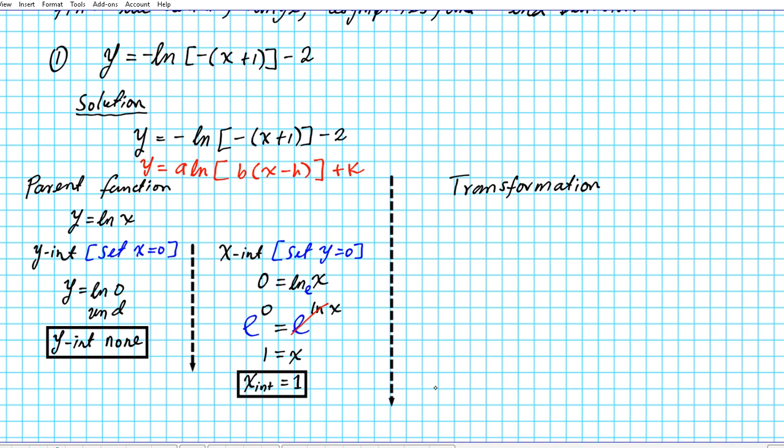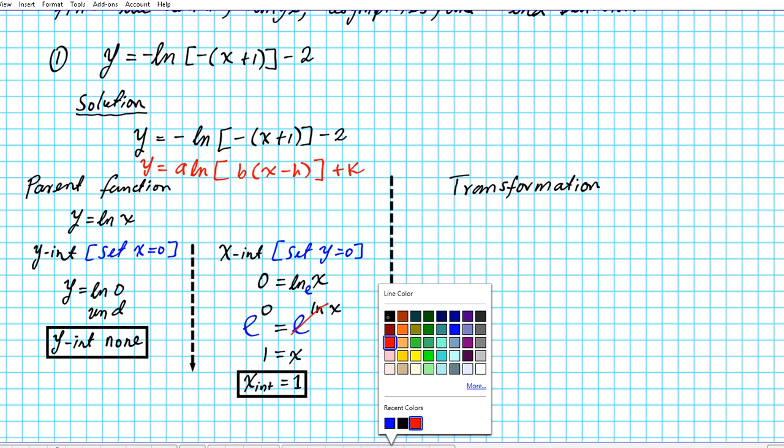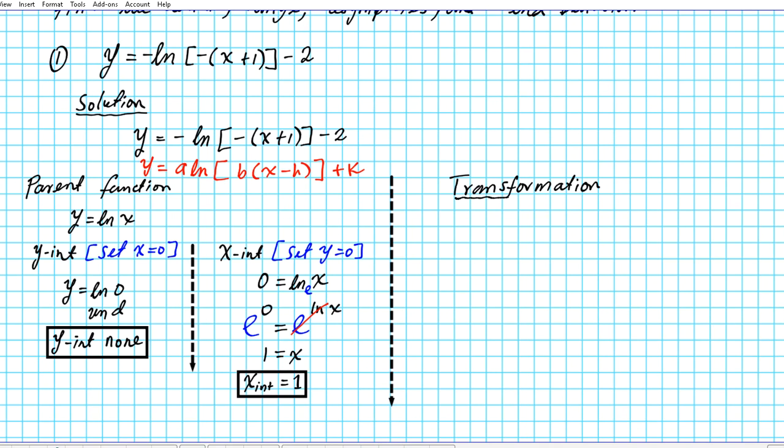So let's start by taking a look at the reflections. The signs of a and b will tell us what the reflections are. Let's look at the sign of a first. If you notice, a is negative, so what does that mean? That means we're going to reflect vertically across the x-axis.